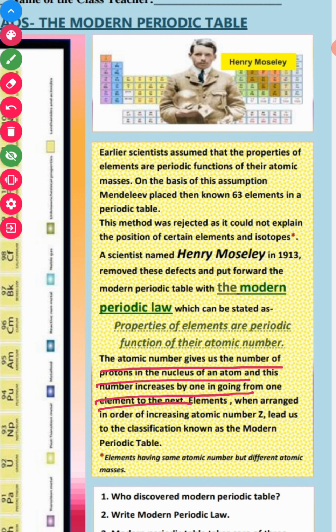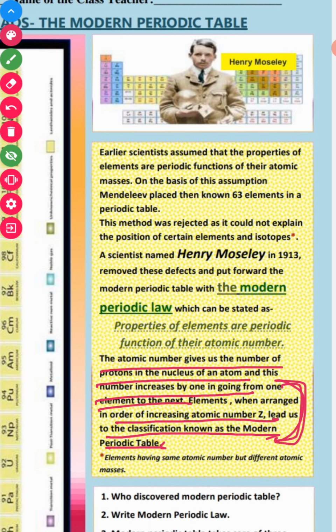So the elements, when arranged in order of their increasing atomic number, lead to the classification of the modern periodic table. This is the definition of the modern periodic table.